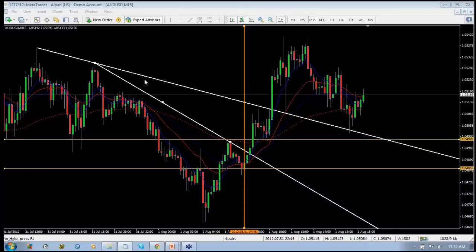What ends up happening, this move right here was just a pullback basically on the higher time frame, and that's okay. There was a question about this. Let's see if I can find it here.